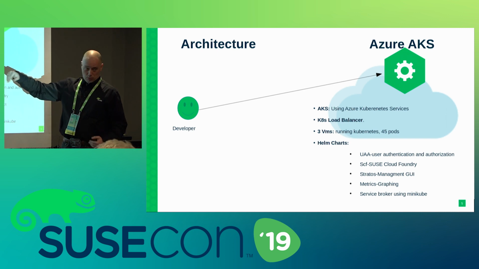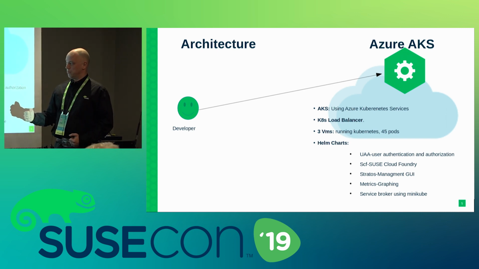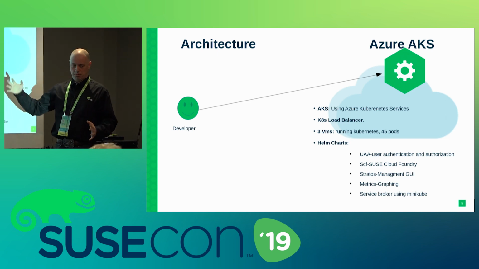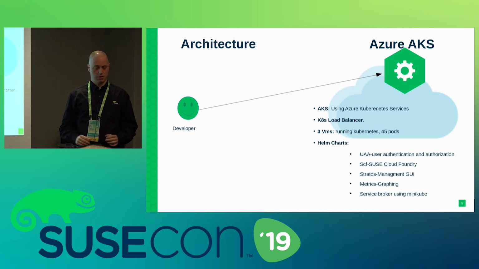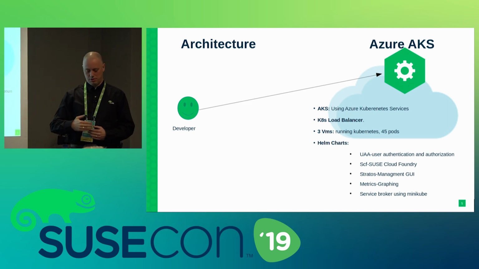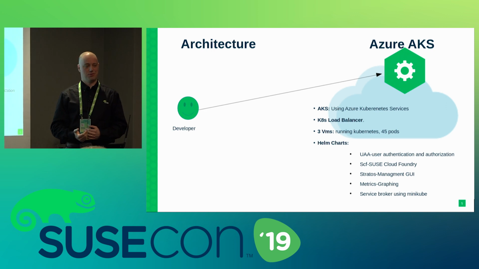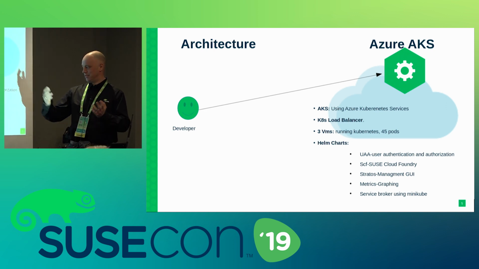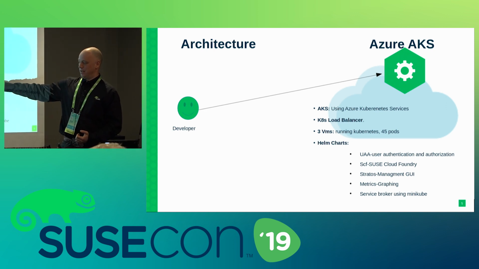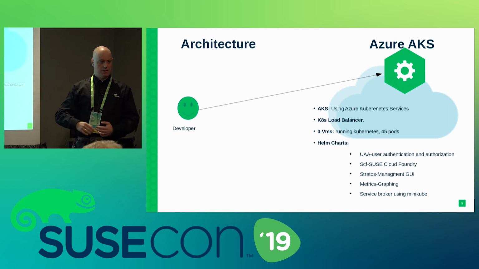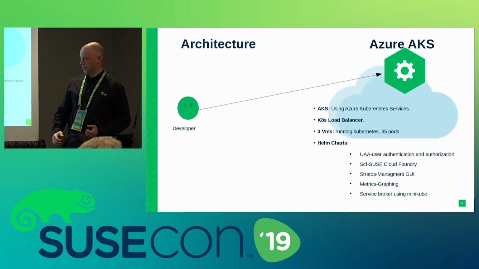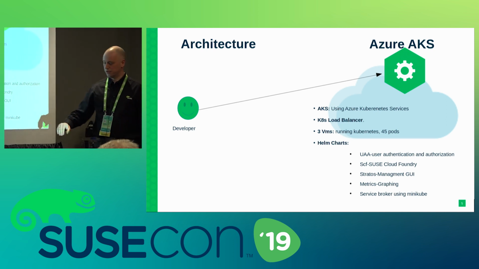Basically when I installed it, I used 3 virtual machines, and I have approximately 4 to 5 pods. That's what SUSE adds to the environment: we can deploy the whole environment using standard Kubernetes commands and infrastructure around that, like Helm and others.